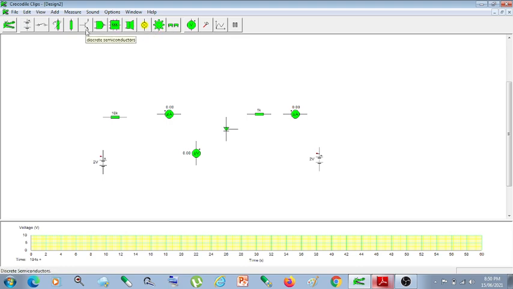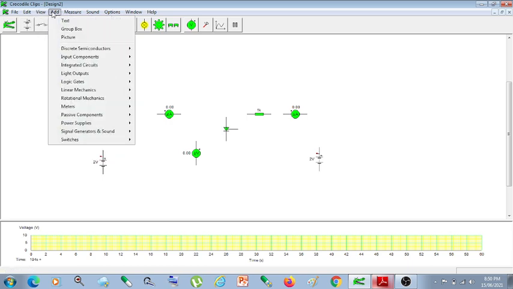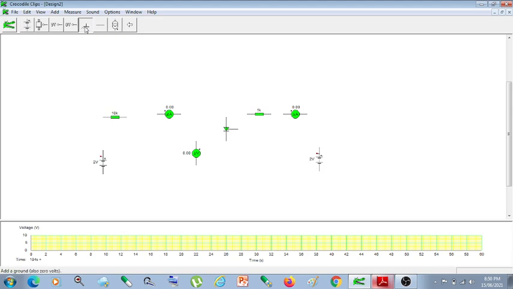Ground. So here it is, ground. So take the ground and place it over here. So now the connections, we need to give the connections. So you connect it with the wire, 10K.